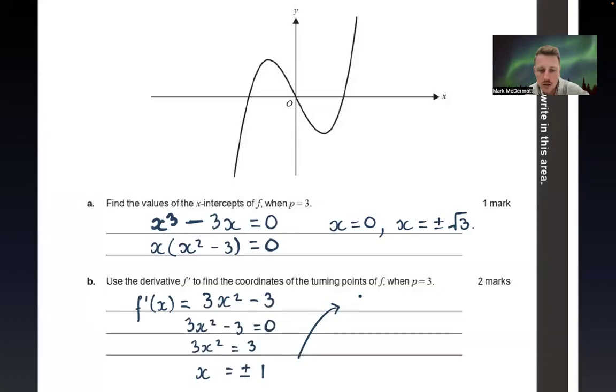Let's sub in -1. We get -1 cubed minus 3 times -1, which equals -1 plus 3, which is 2. So one of the coordinates is -1, 2.